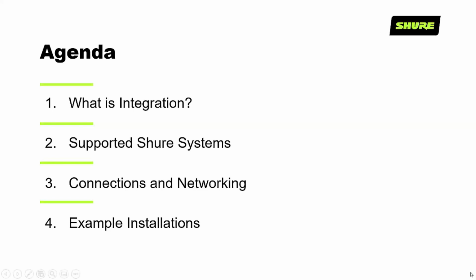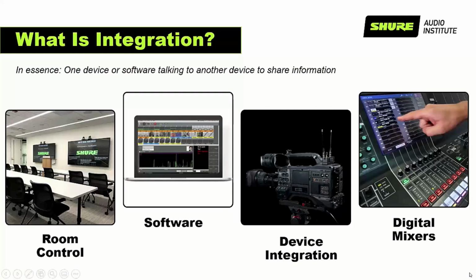So what do we mean when we're talking about integration? In essence, we're talking about one device or software talking to another device. In this case, it's generally a Shure device sharing information between the two. The instances where you're most likely to come across this would be things like room control.